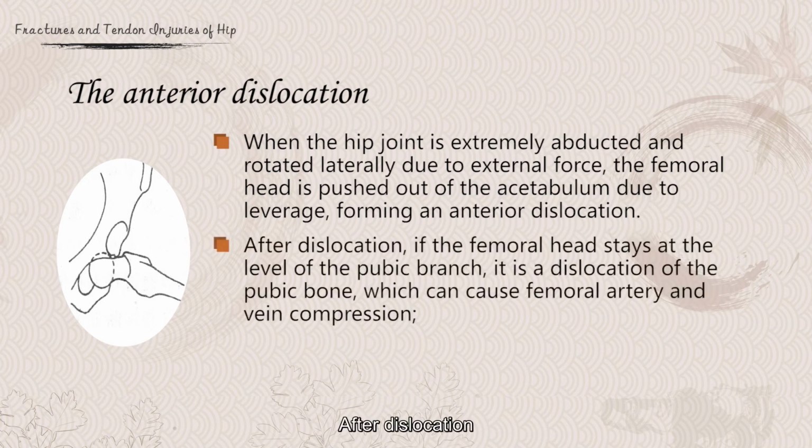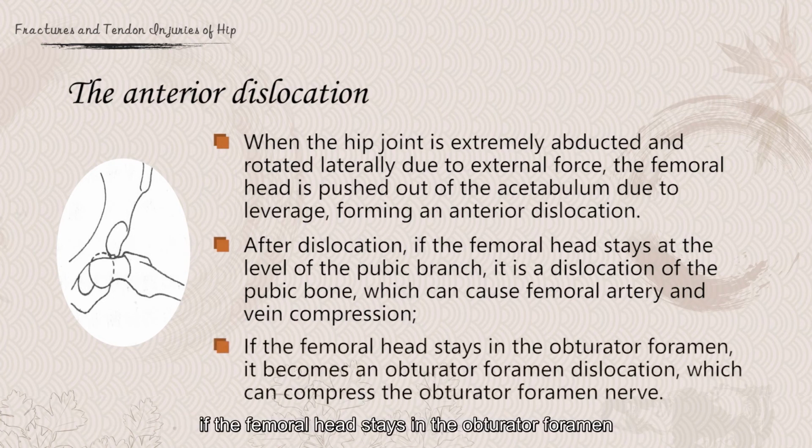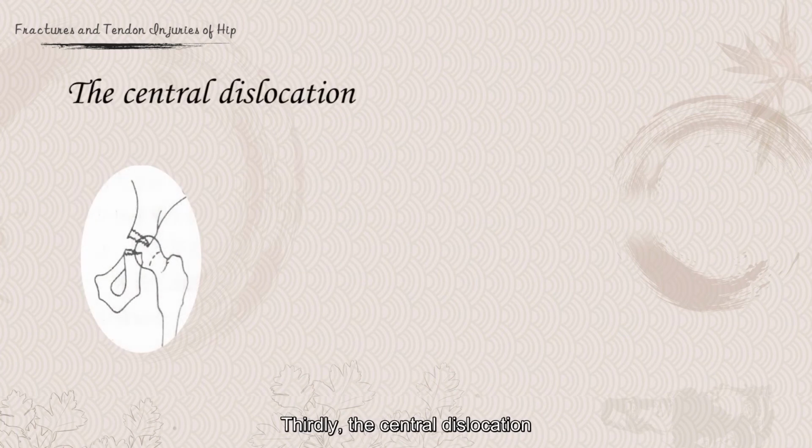After dislocation, if the femoral head stays at the level of the pubic branch, it is a pubic bone dislocation, which can cause femoral artery and vein compression. If the femoral head stays in the obturator foramen, it becomes an obturator foramen dislocation, which can compress the obturator nerve.